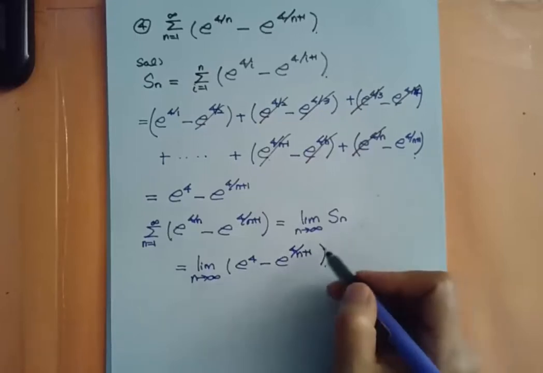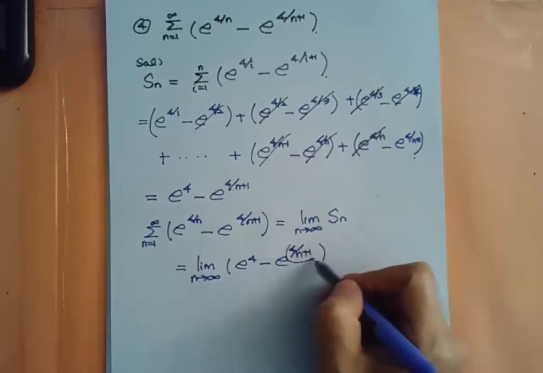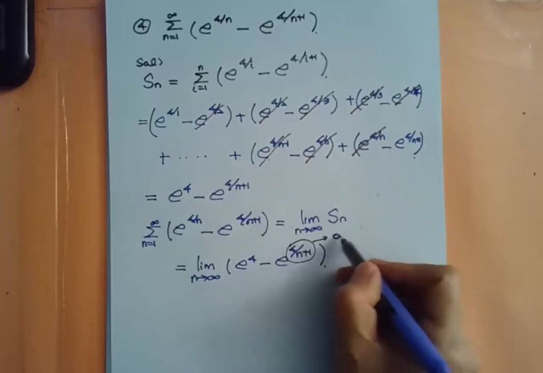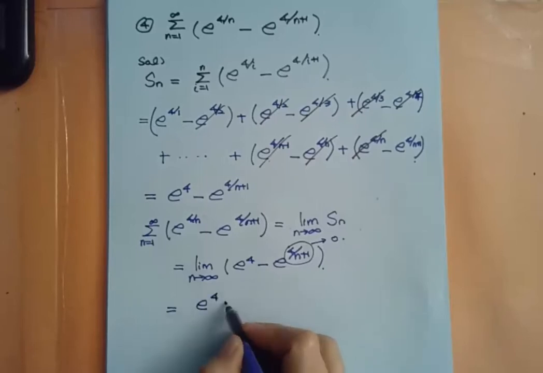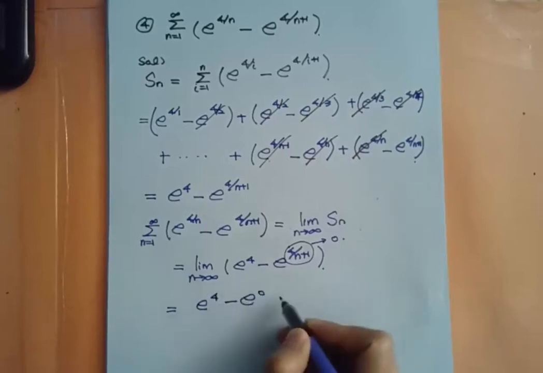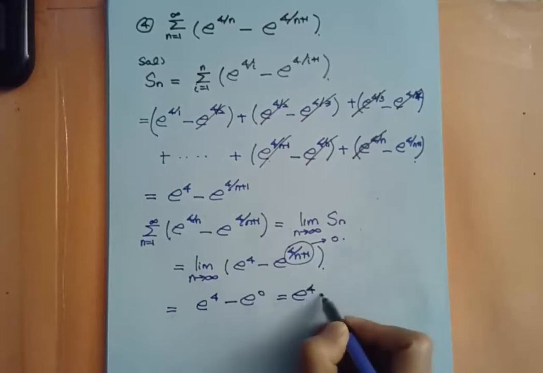When n goes to infinity, this goes to 0. So what we essentially get is e to the 4th power minus e to the 0 power, which is e to the 4th power minus 1.